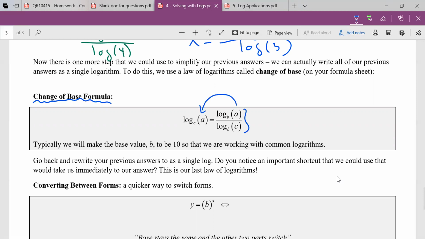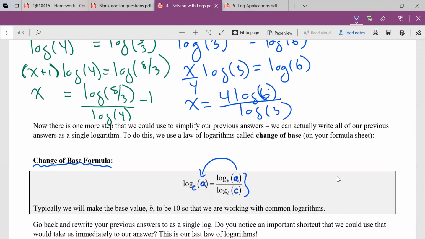If you notice how this works, the argument of the numerator becomes the argument of the simplified log, and the argument of the denominator becomes the base of the simplified log. Okay, so let's go back and rewrite some of our answers from above.